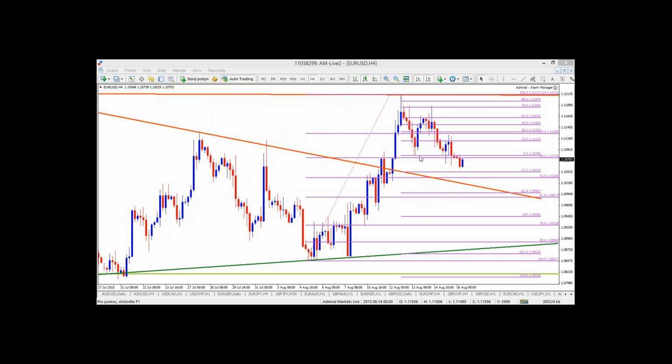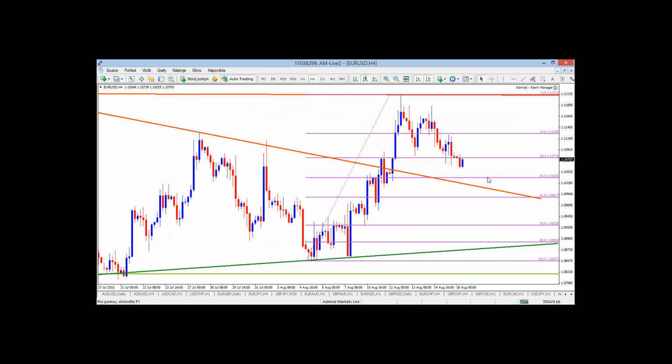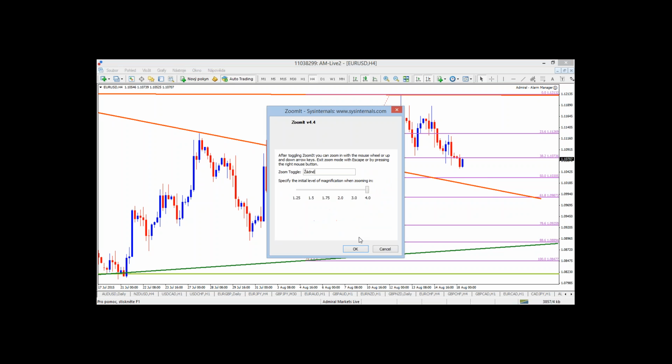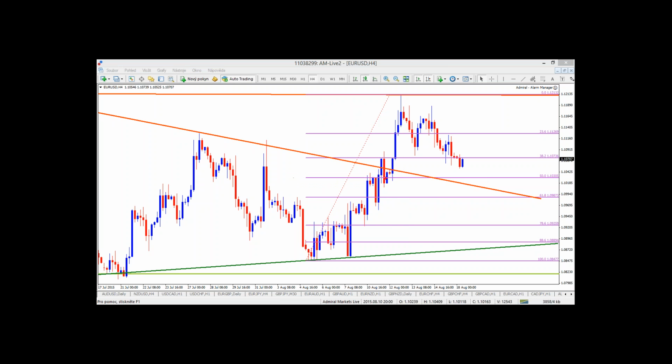This is the 4 hour chart, sorry about that. Here we go. 4 hour chart, as you can see, didn't reach the 50 or 61.8 fib. Still a bit short.